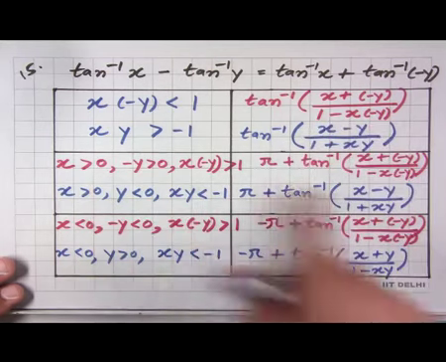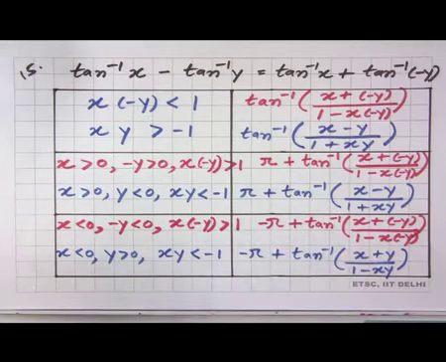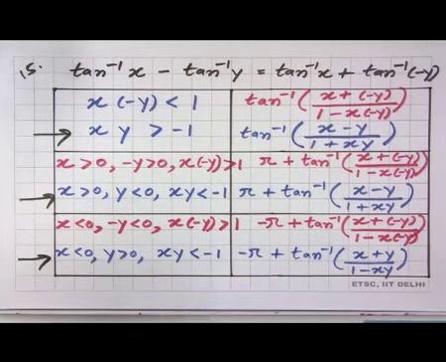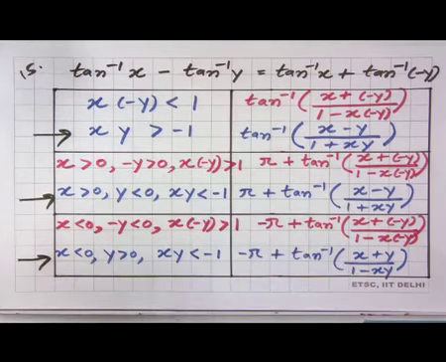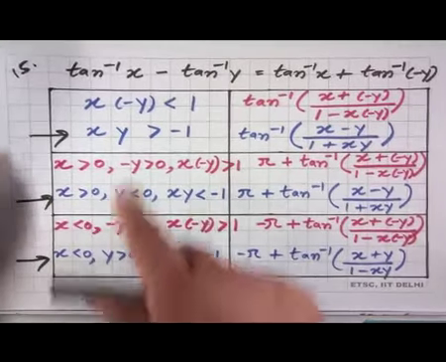The same thing we keep doing for the other conditions, and finally we end up getting these three rows for the conditions and the values for tan inverse x minus tan inverse y, depending on the condition satisfied by both x and y.